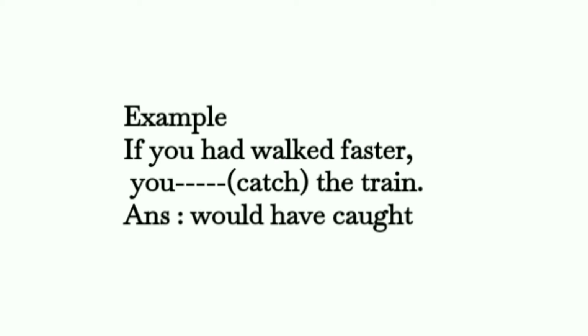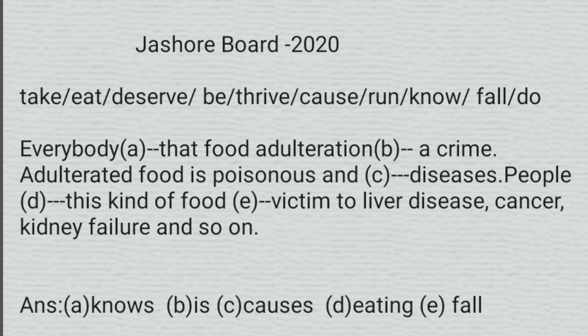Now we will solve two board questions. The first board question has been taken from Jessore Board 2020 and the given words are take, eat, deserve, be, thrive, cause, run, know, fall, do, etc. Now we will read the passage.